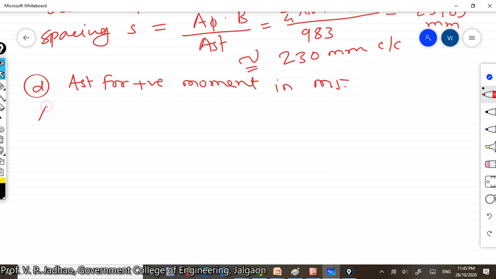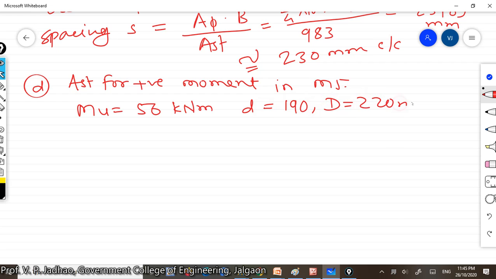We have Mu given as 56 kilonewton meter, and d is equal to 190 mm, capital D is 220 mm.